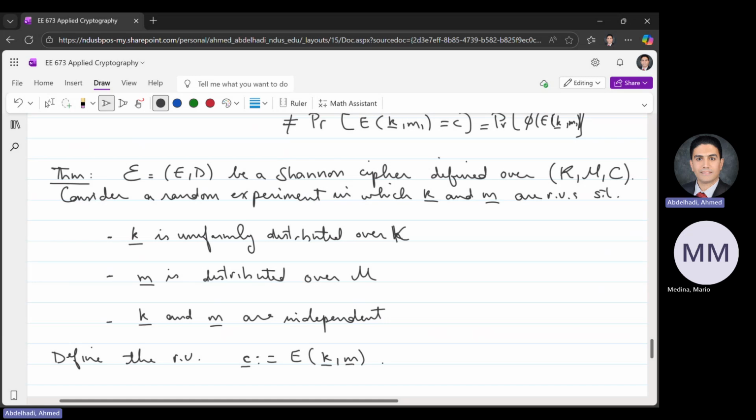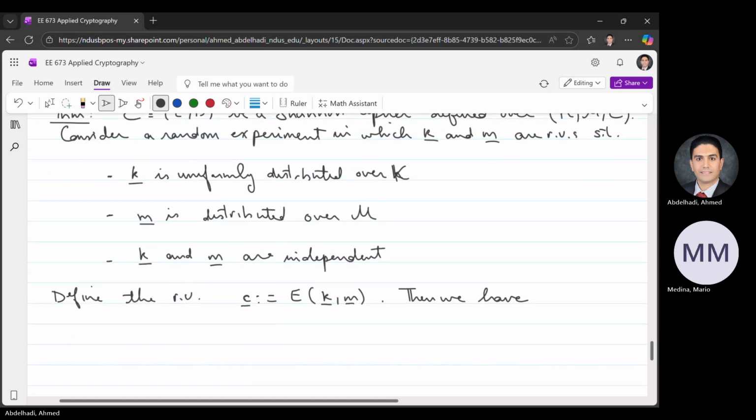Then we have: if E is perfectly secure, then C and M are independent.